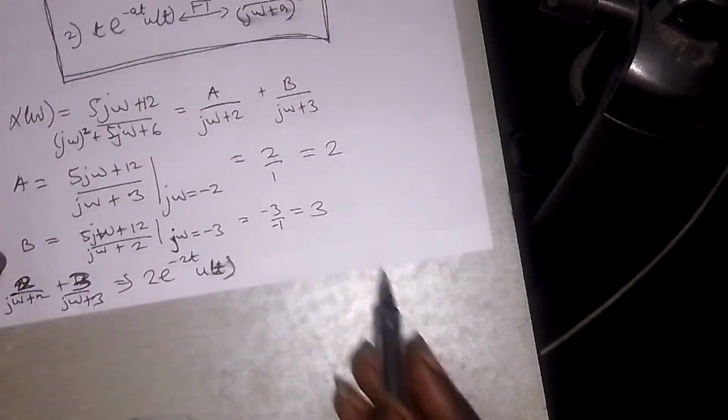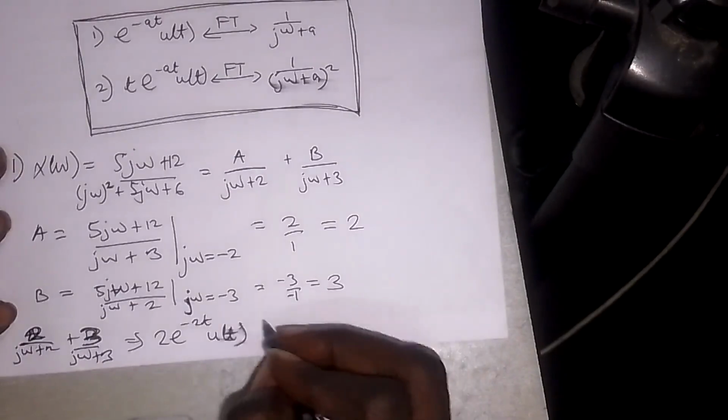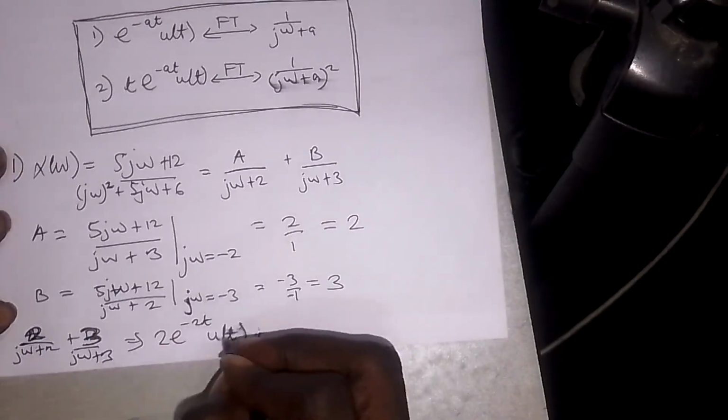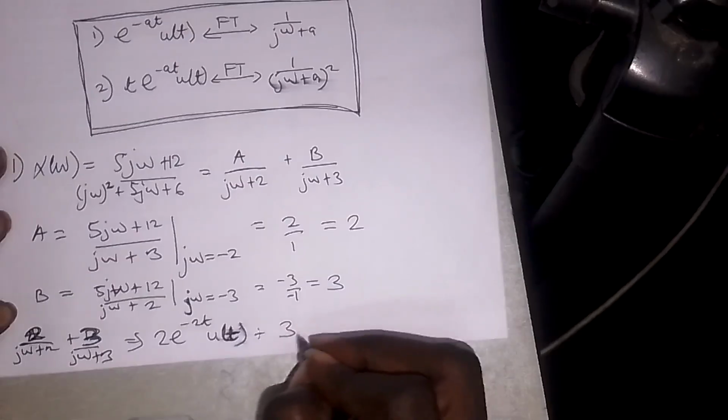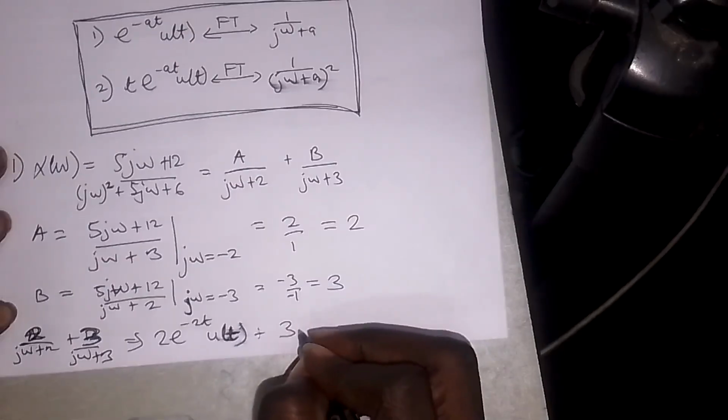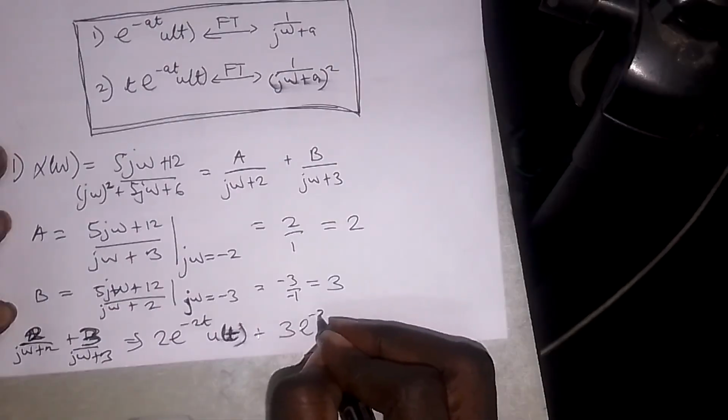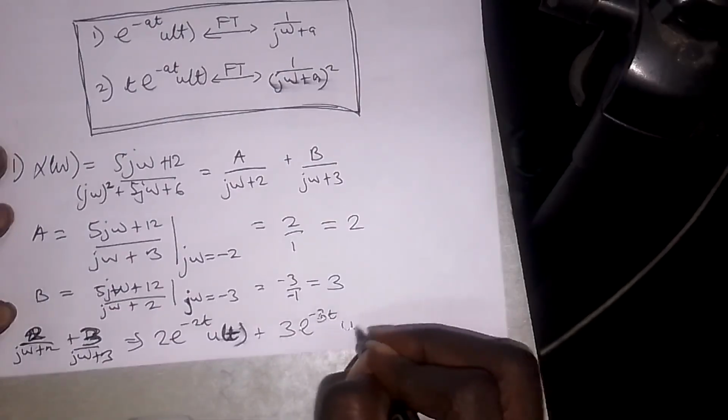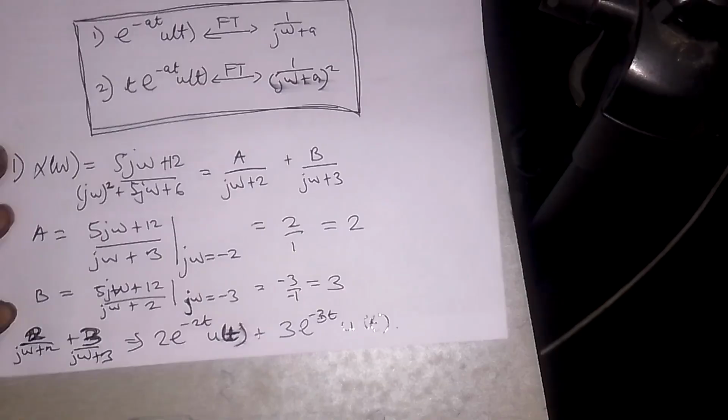And then I'll get plus 3e to the minus 3t times u of t. All right. So basically, this is what I'll get for this particular question.